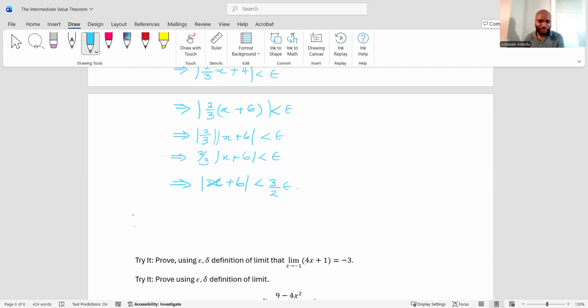Therefore, we need to choose a delta equals 3 over 2 epsilon. Now, guys, please, your delta must always and must only be in terms of epsilon.